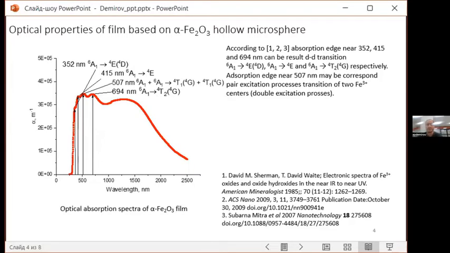Based on spectral dependencies of transmission and reflection and film thickness, I calculated the absorption coefficient, and as we can see, it has 4 absorption edges, 3 corresponding to d-d transitions, and 1 to a pair-excitation process. Also, we can see that the film has high light absorption in the visible wavelength range.